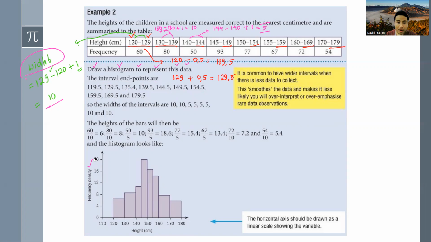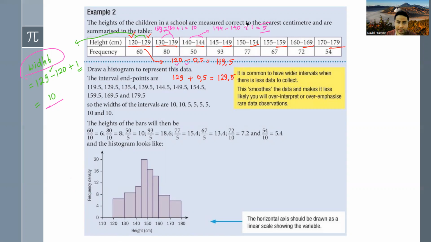Next, we are going to find the y-axis. The y-axis here is frequency density. How do we find frequency density? That's easy. You just need to divide frequency by the width. How do we find the width?